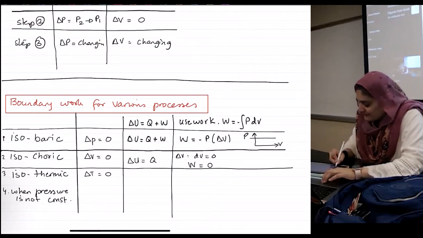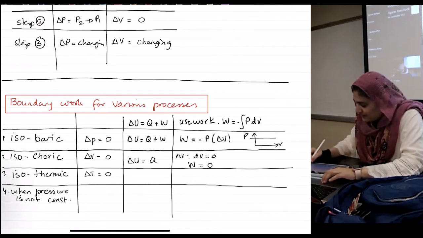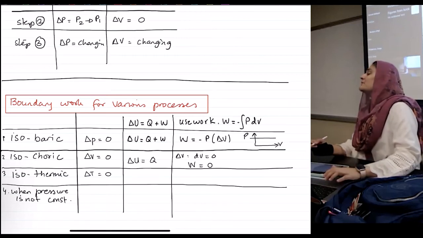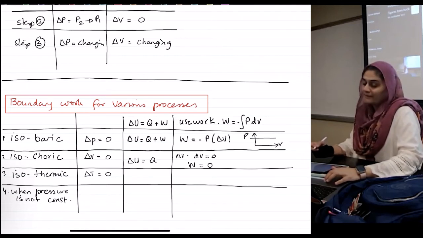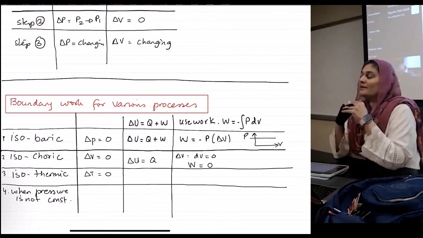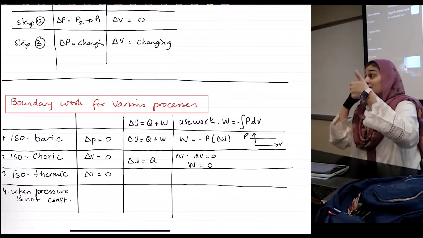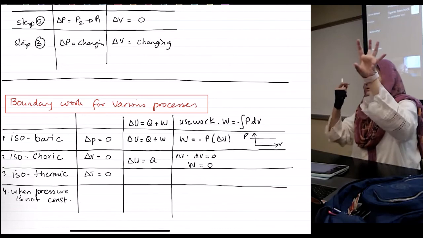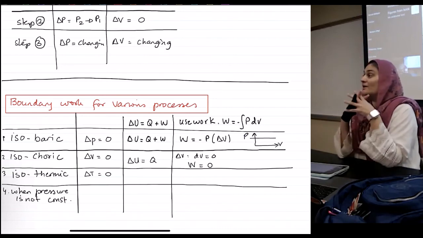Okay, next step, isothermal. Delta T equals 0 means what? What equals 0? No, not quite. Where does T show up in the first law? Heat, Q is heat. W is work. Where's the only place where T shows up?